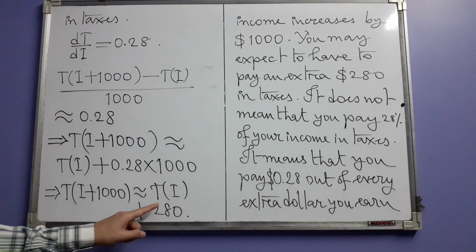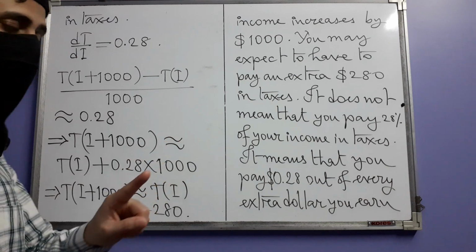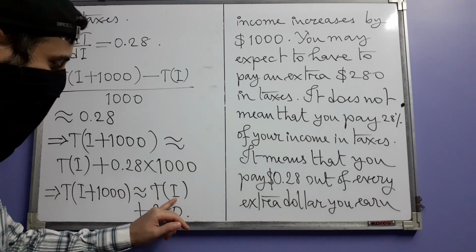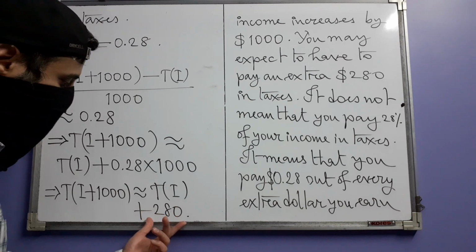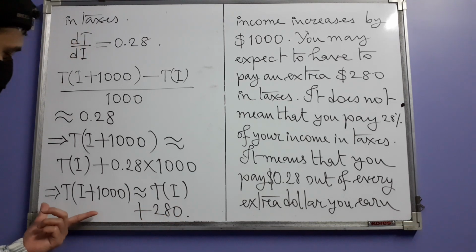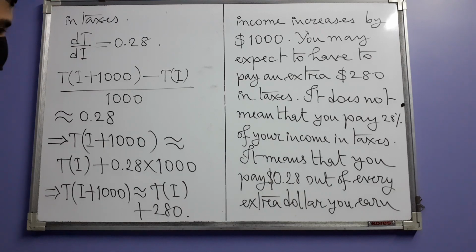So that is why on top of your original tax that you used to pay when your earning was I dollars, you have to pay this extra $280 as your tax now that your income has increased.